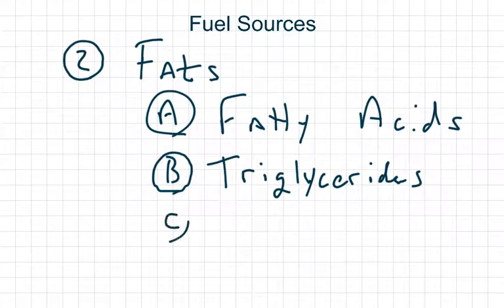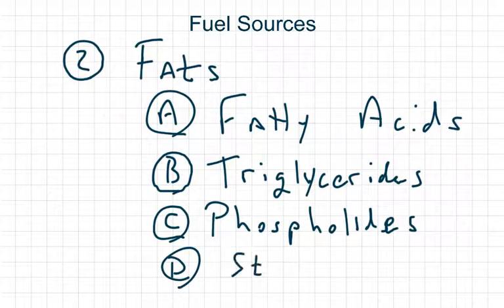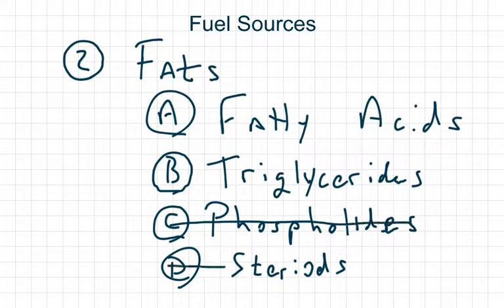Third, phospholipids. And finally, steroids. And since phospholipids and steroids are not an energy source, we're not going to discuss them in this lecture. For right now, we're going to focus on fatty acids and triglycerides.